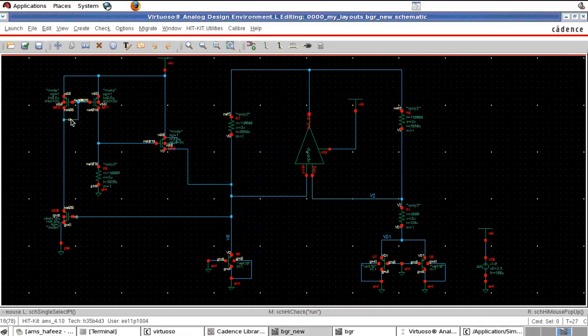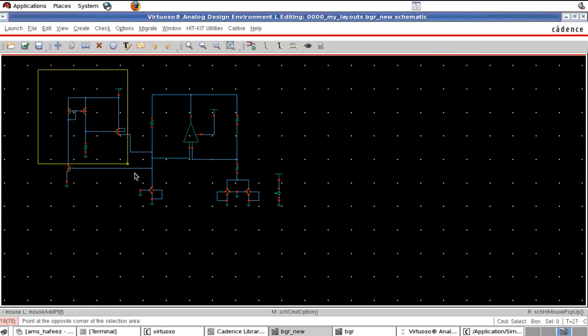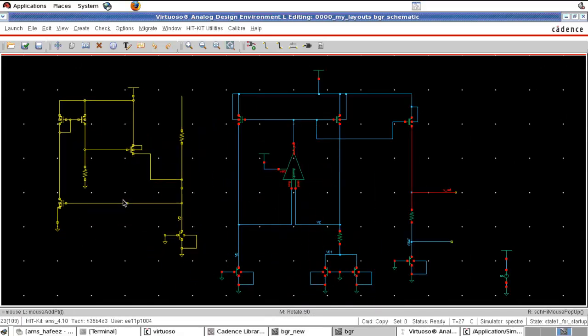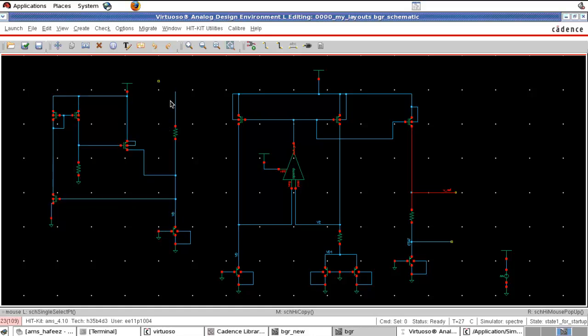For this I am not designing it again, I am just copying from the previous design because the topology is very similar. So we can use the same startup circuit here also. Delete this part, and this to be connected here.